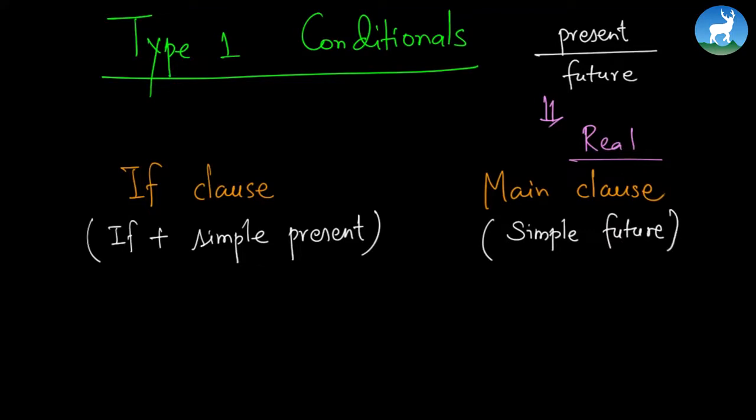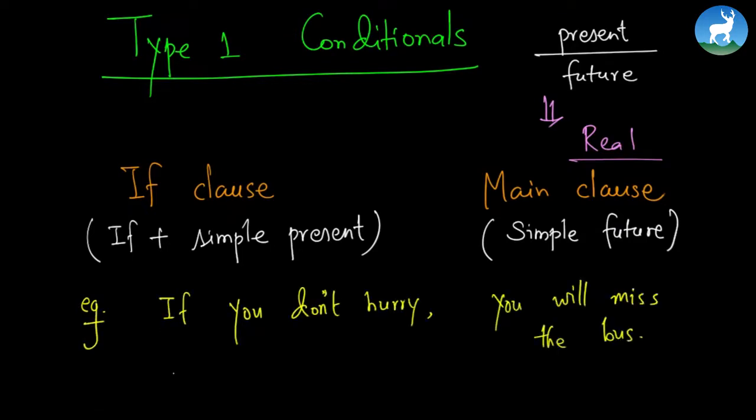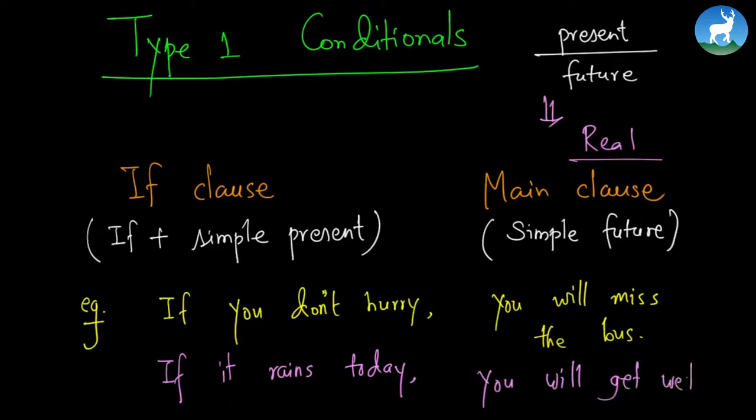So let's write some examples and you'll be very clear. This grammar topic is the easiest one. If you don't hurry, you will miss the bus. And another example, if it rains today, you will get wet, right?